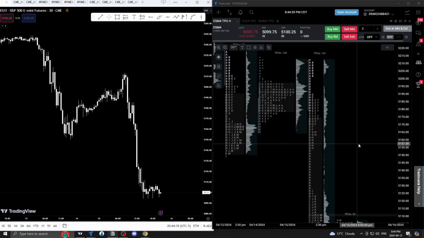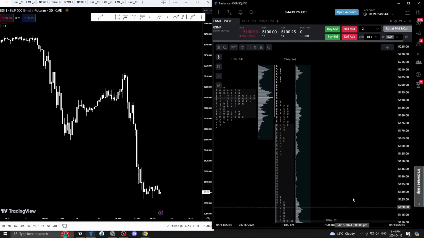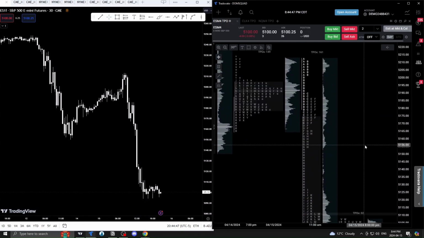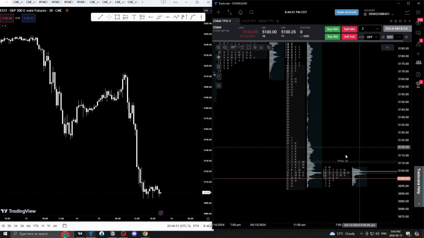And value ledges are just areas where price sharply drops off. On this particular TPO, there's not really many very sharp drop-offs. This is something super minor here. And then we had this huge imbalance here. Eventually found balance lower here.